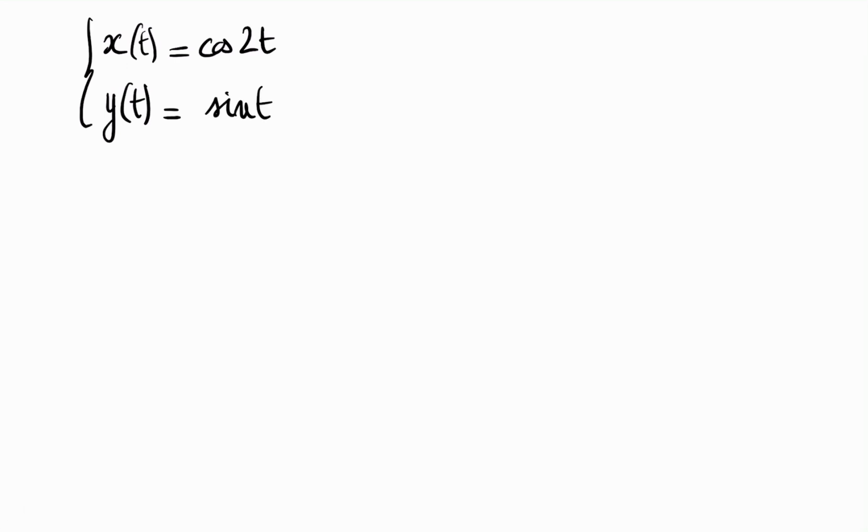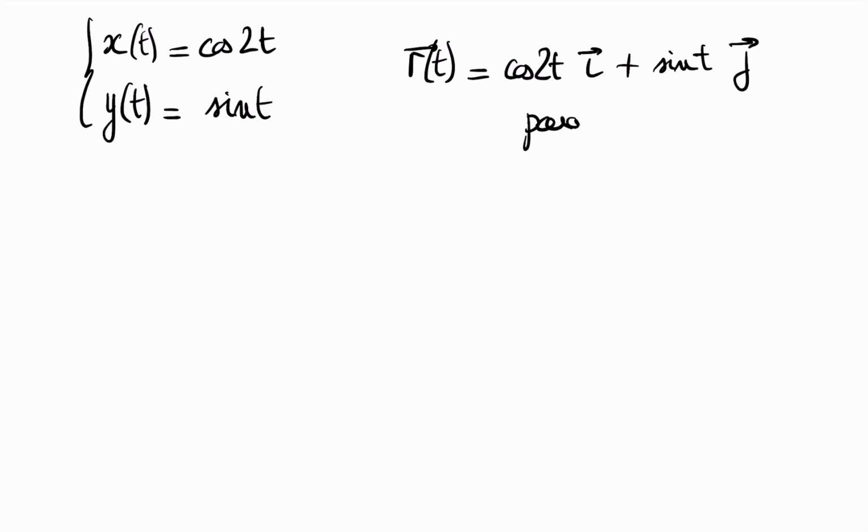So that means that the position vector r of t is equal to cosine 2t i plus sine t j. Now, this is a parametric equation because the parameter appears here. Now, can we get the Cartesian equation?